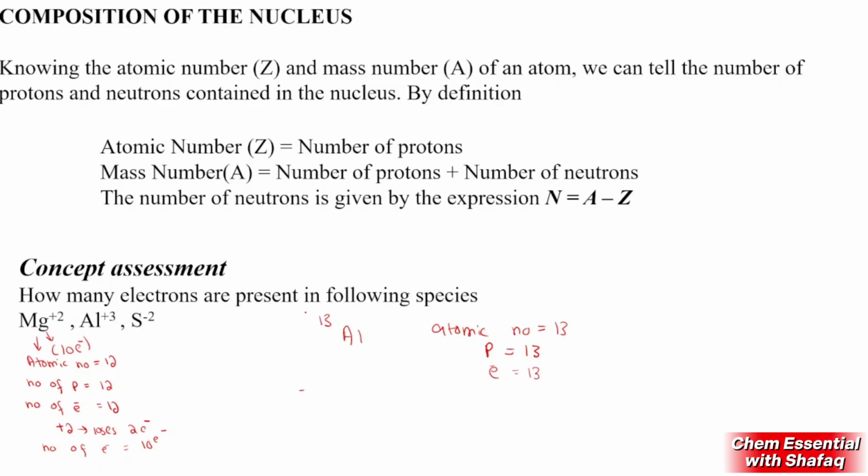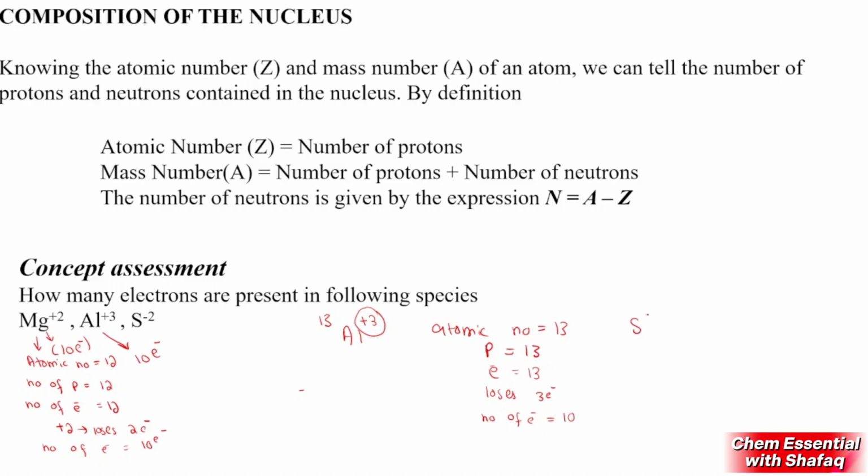But as it carries the charge of +3, this is not an electrically neutral body, so it loses 3 electrons. When it loses 3 electrons, the number of electrons which remain is only 10. So the number of electrons present in aluminium +3 is also 10.